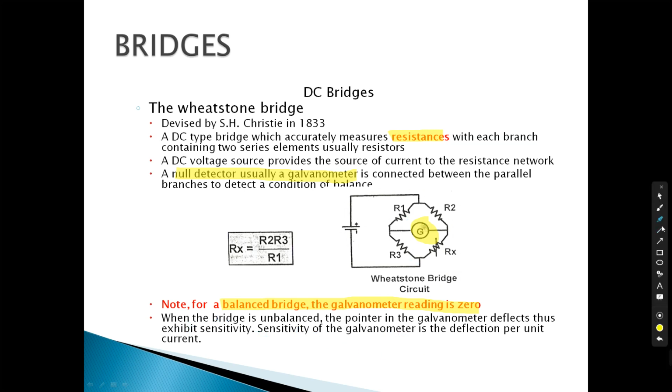As we have discussed earlier, sensitivity is the reciprocal of the full scale deflection current. In the Wheatstone bridge, you can find the unknown resistance given the network of resistances in bridge configuration.